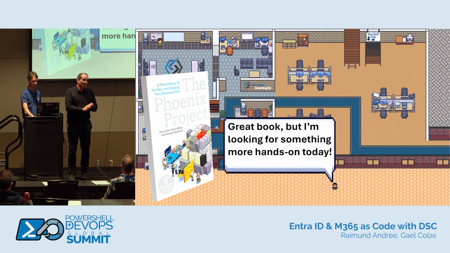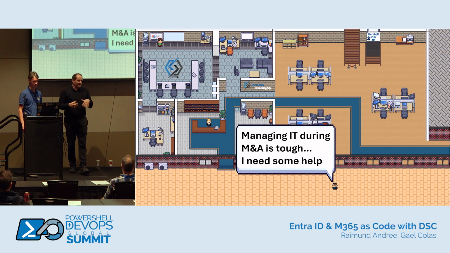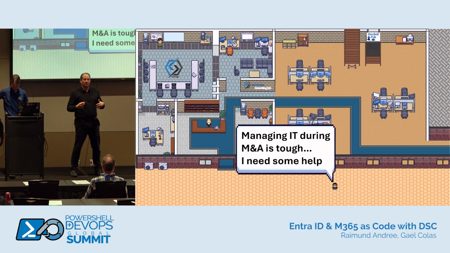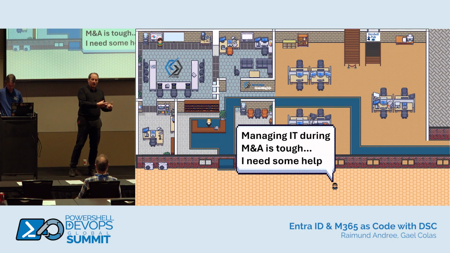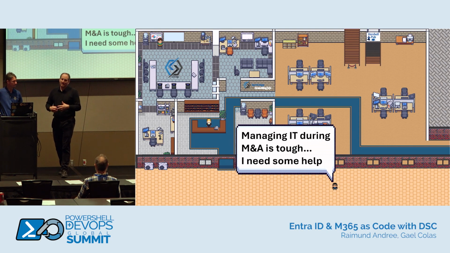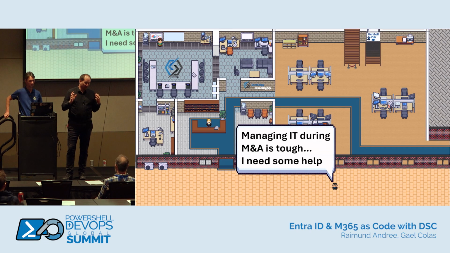Today we're going to be much more hands-on. So, managing IT during an M&A: you have an acquisition, you get a new business, and then you say, well, we need to create a new environment for those people, and then we need to put them into that environment, get them ready to do some work. And usually you have tons of other things going on. IT is probably the thing that we think of last, and it's very challenging.